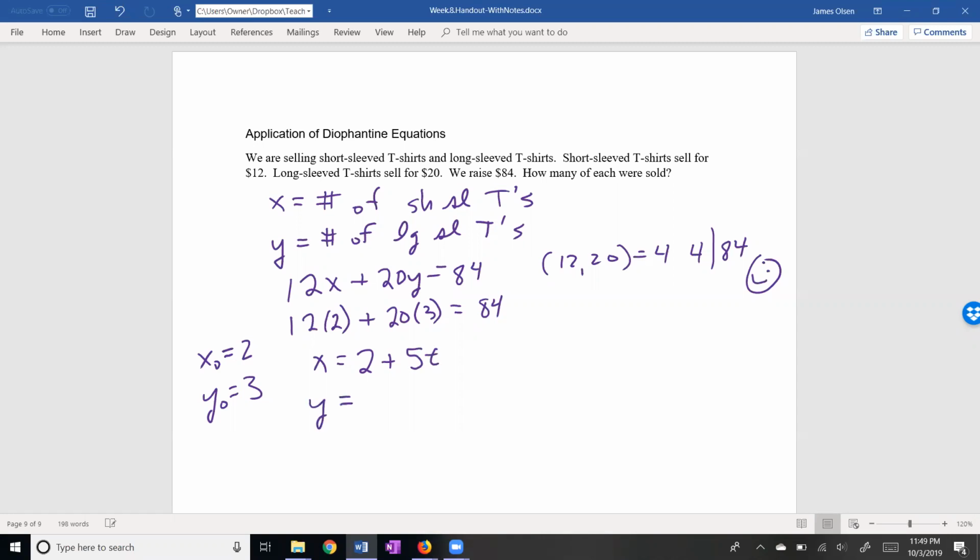And y is equal to y naught, which is 3, minus a over d, 12 over 4, which is 3t. So I have 2 plus 5t needs to be greater than 0. 3 minus 3t needs to be greater than 0.